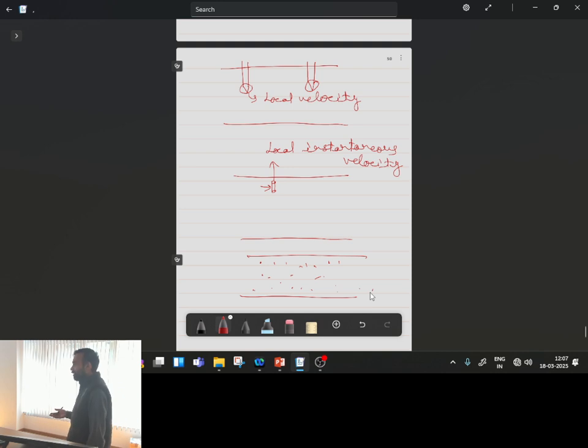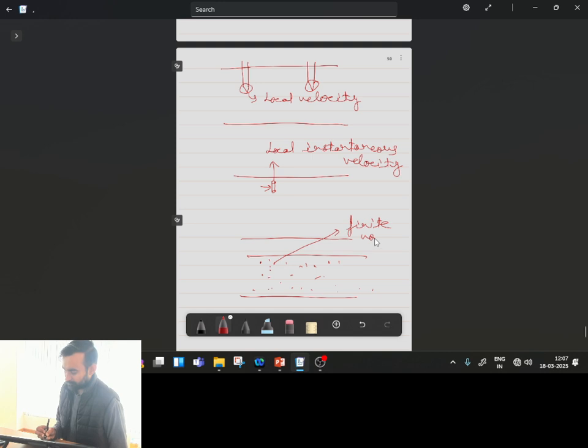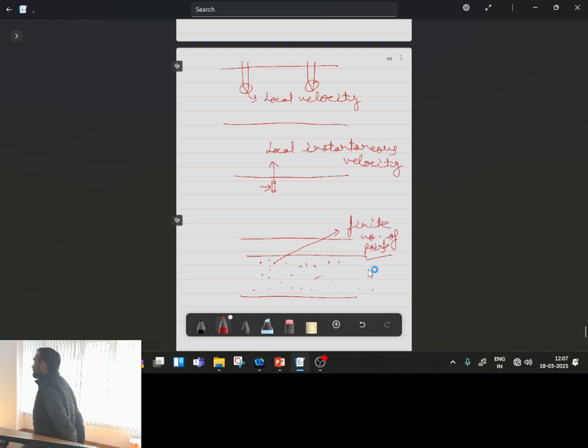Of course, with experimental techniques we will not be able to measure the continuous variation of the velocity field, but at least we should be able to measure the velocity at a finite number of points within the flow field.